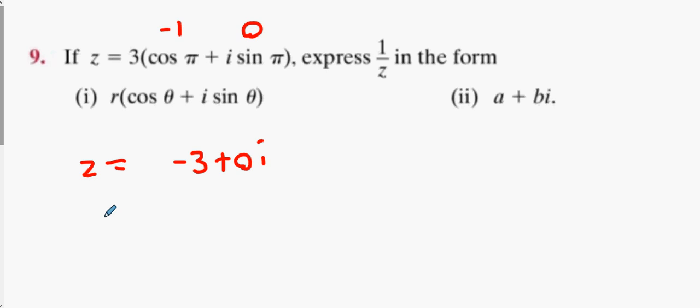What's 1 over z then? Yeah, so minus 1/3 plus 0i, and the 0i doesn't even exist, does it? Geez, I'm right there already, haven't I? I've already answered part 2 directly. I didn't have to do part 1 first, you get what I'm saying?